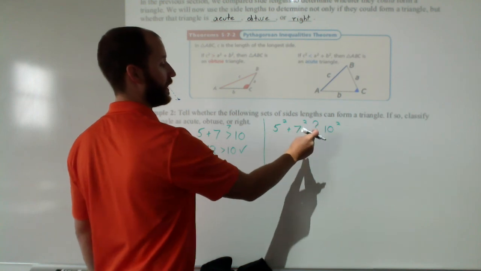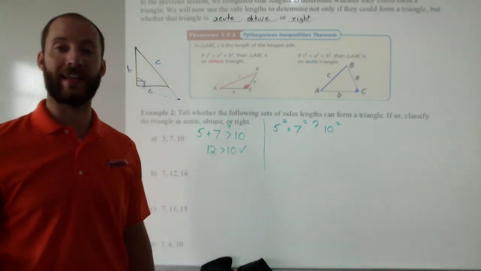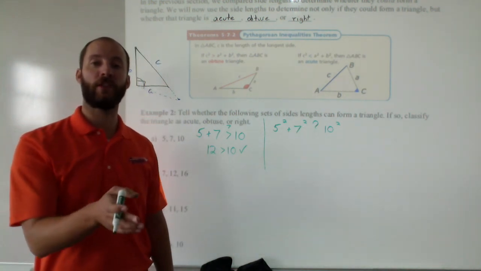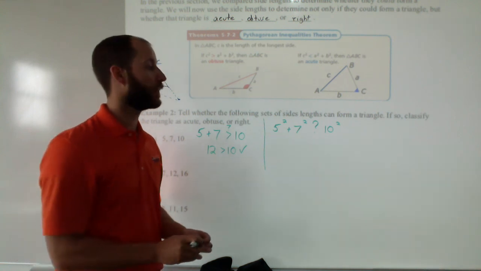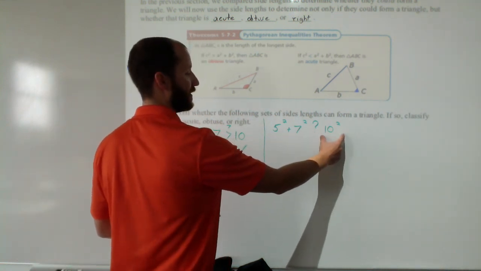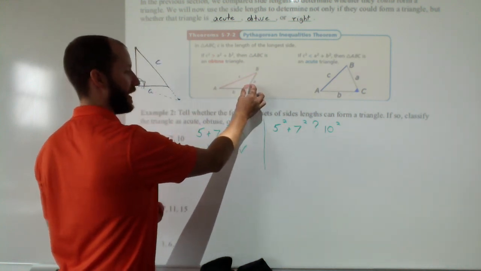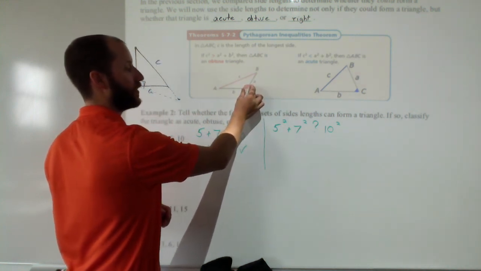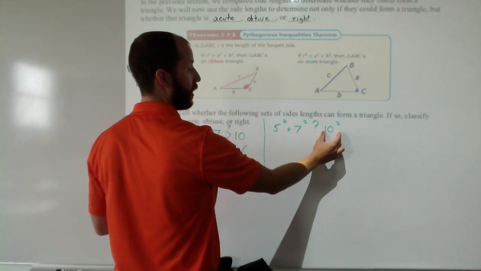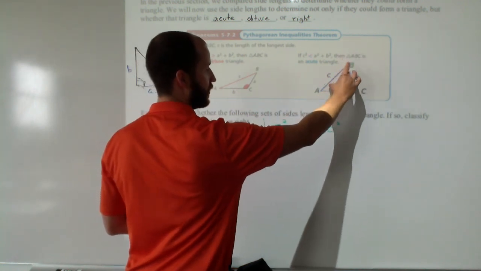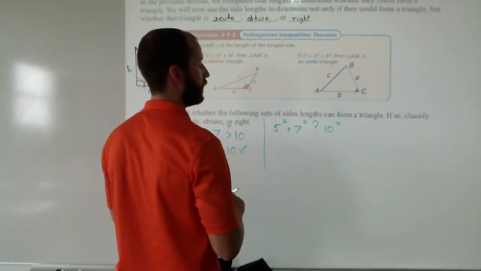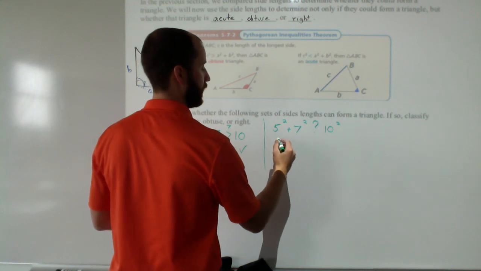Now if these equal each other, it would be a right triangle, because that's the Pythagorean theorem. A squared plus b squared equals c squared. However, if this side is larger, that means the hypotenuse got larger, the right angle got larger, it's obtuse. If this side is smaller, that means the hypotenuse got smaller, the right angle got smaller, and it's acute. So let's see what happens.